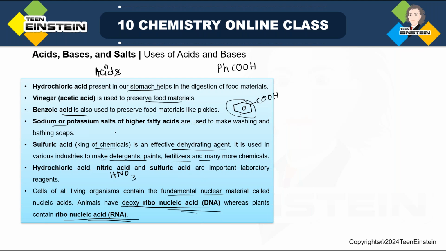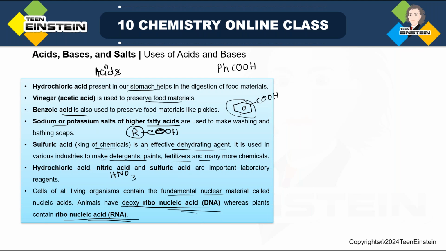Now come to sodium and potassium salt of higher fatty acid. Fatty acid is basically discussed in organic chemistry. In general, I can write it as RCOOH, where the carboxylic acid group CO2H is present. The R part contains a very long chain of carbon and hydrogen.